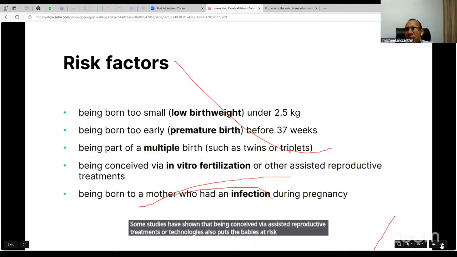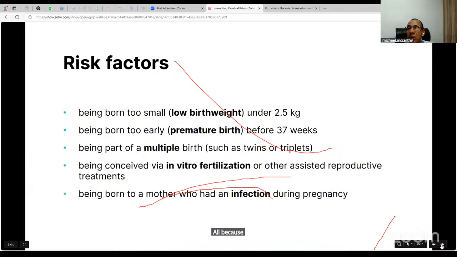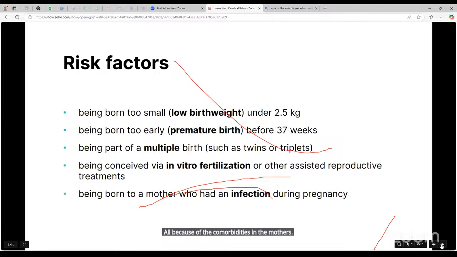Not because of the procedure itself, but because these pregnancies are more likely to be complicated, either because of the number of babies or because of the comorbidities in the mothers.